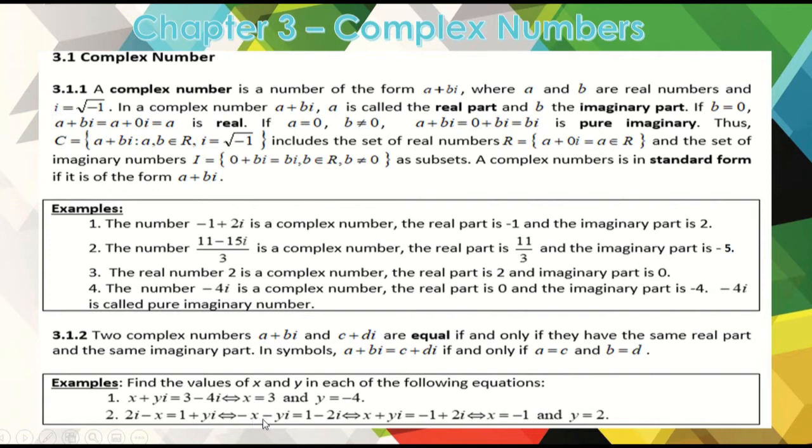So, x plus y times I is equal to, taking out the negative sign, negative 1 plus 2 times I. So, now we have the standard form. So, we can now know what x is and what y is. So, our x is negative 1 and our y is positive 2.